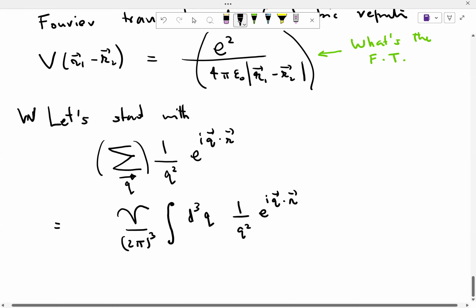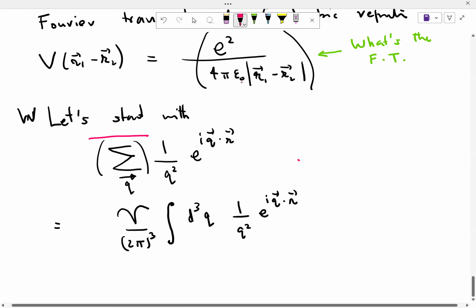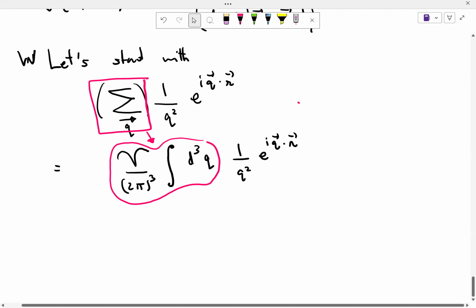So this is our conventional replacement of this discrete sum by this integral. We know that 2 pi cubed over V is the spacing between two k points in a three-dimensional space.